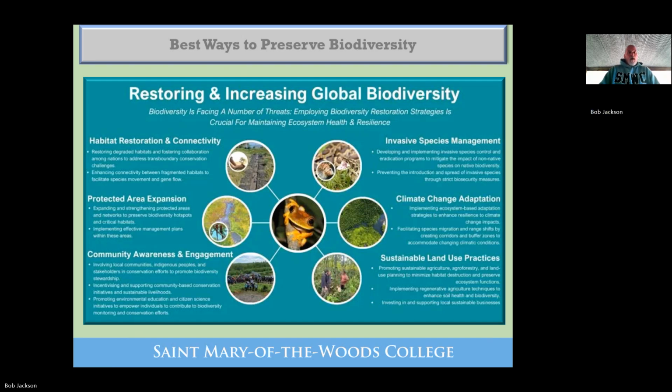Now then, what we want to do, if we're being more responsible citizens, more responsible and more sustainable, is try to restore and increase biodiversity around us. We'd like it on a global scale.